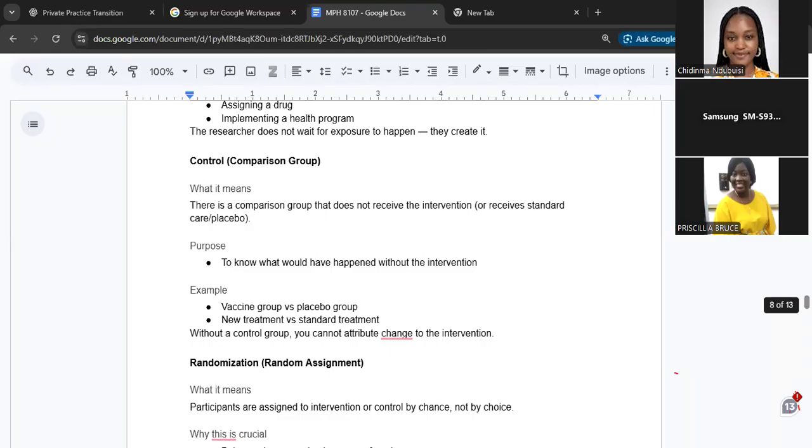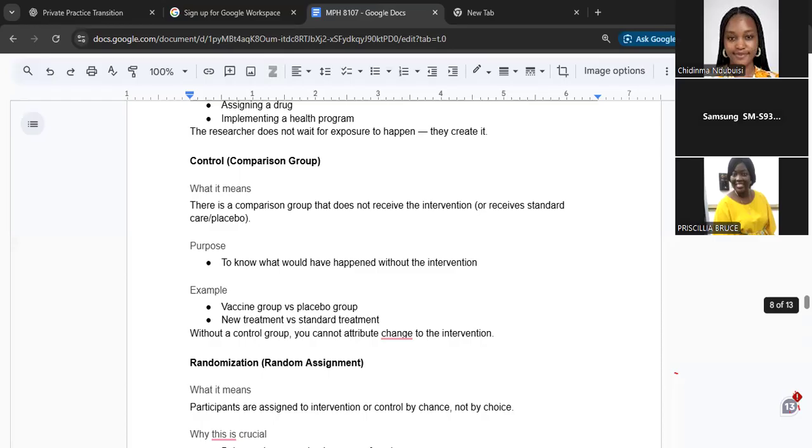We can only say there's an association between unsanitary condition and increase in maybe gastroenteritis, cholera. But you cannot say it is this that is causing this. At the level of an analytical study, we cannot establish causation. We can only say that there's an association, maybe a strong association or a weak association. That's the much we can say for analytical studies.